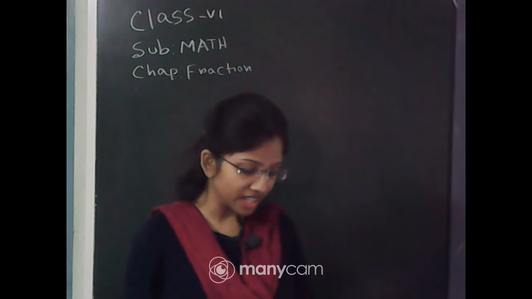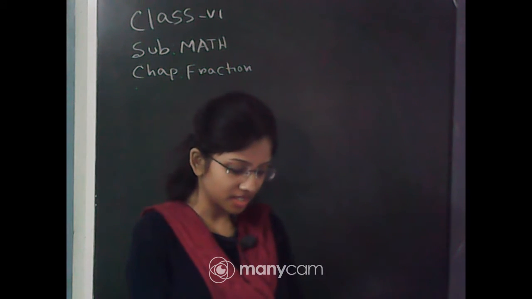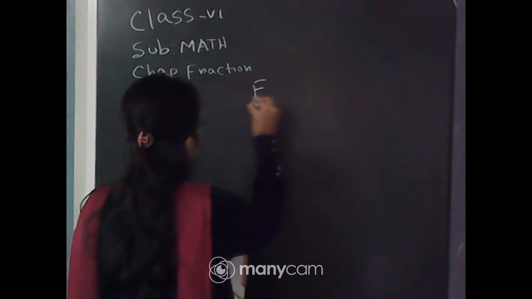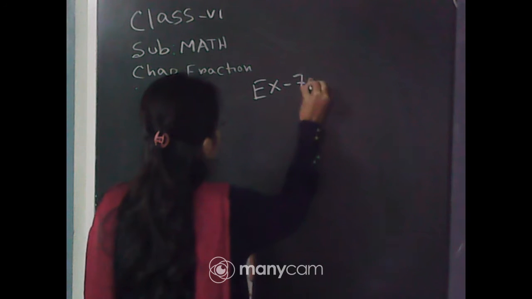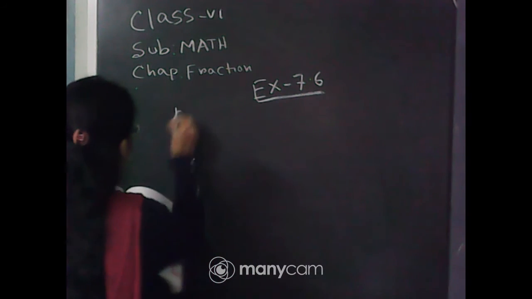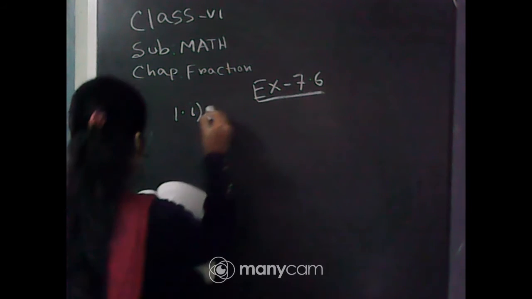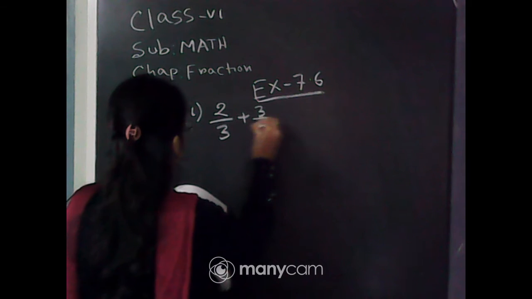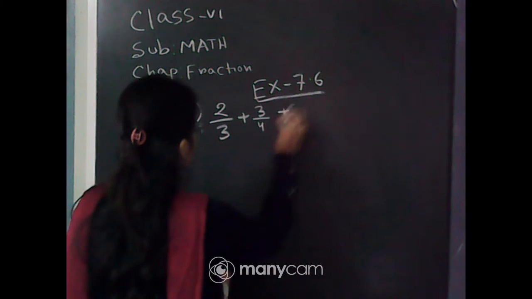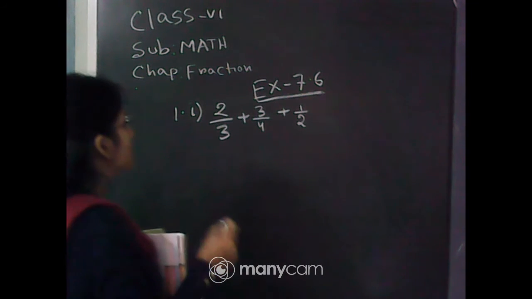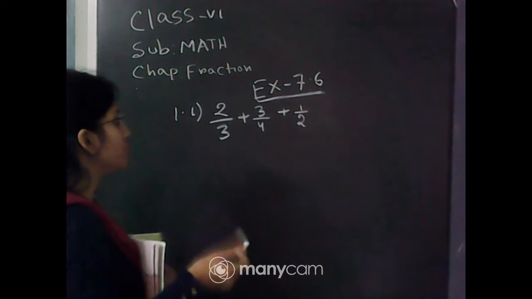Today we will do exercise 7.6. Question number 1I. Here the LCM of 3, 4 and 2 is 12.